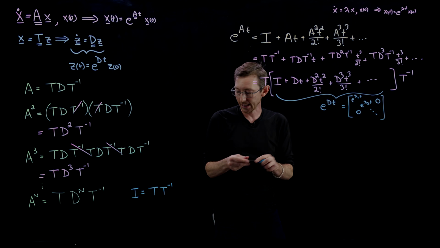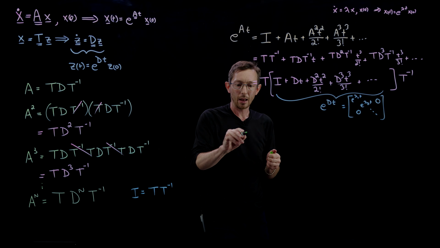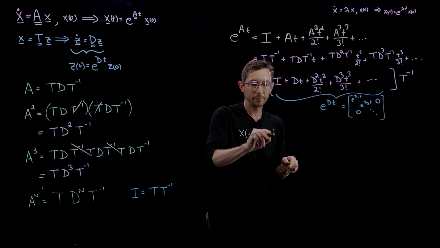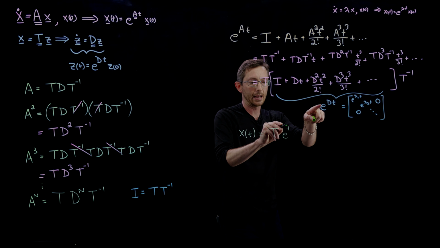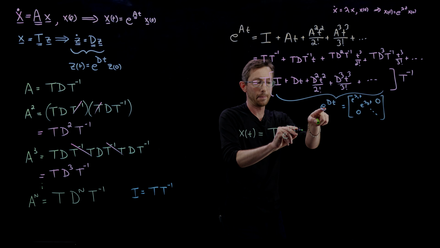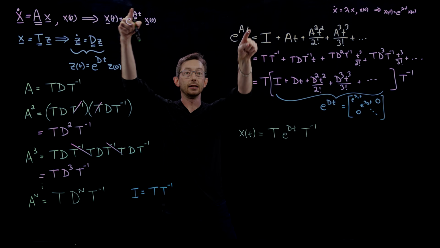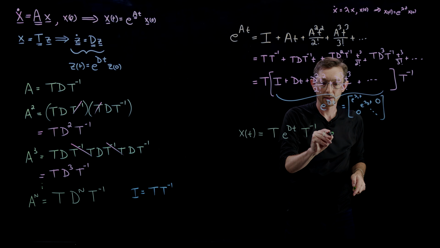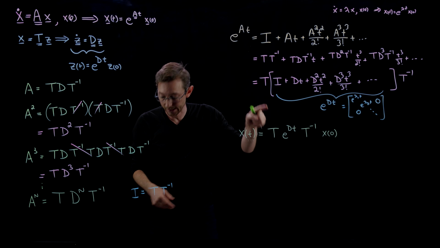I'm going to write this down, maybe in green. x at time t is equal to big T e to the diagonal matrix times time times big T inverse, that's e to the At, all of this is e to the At, times x naught. Okay, this is the solution.